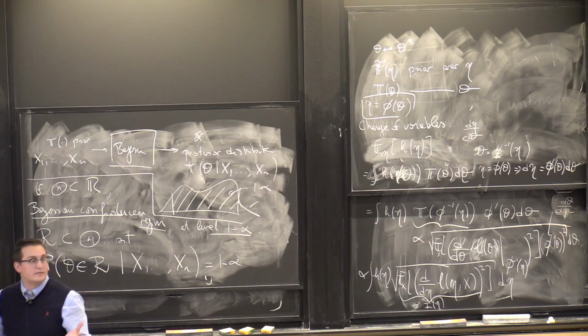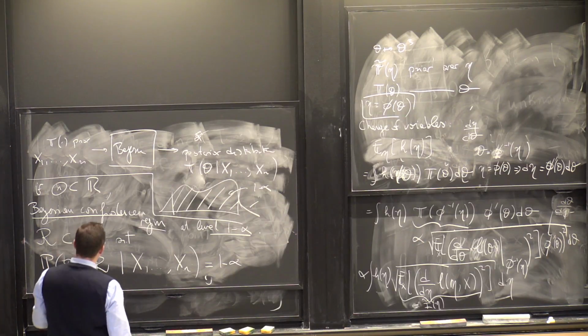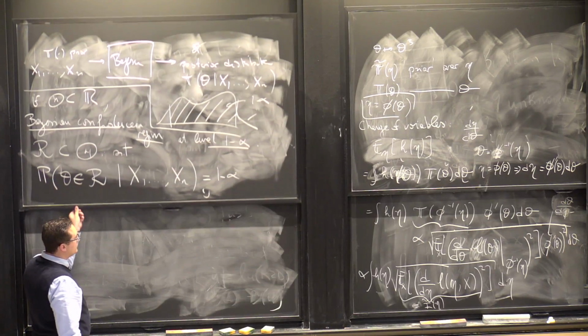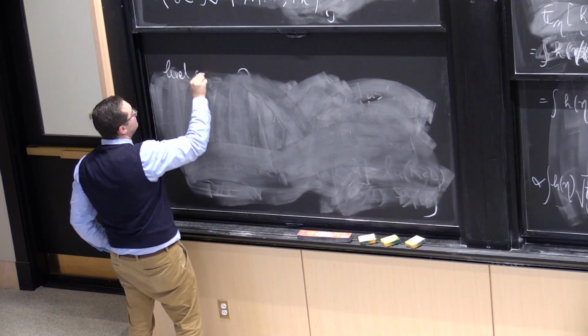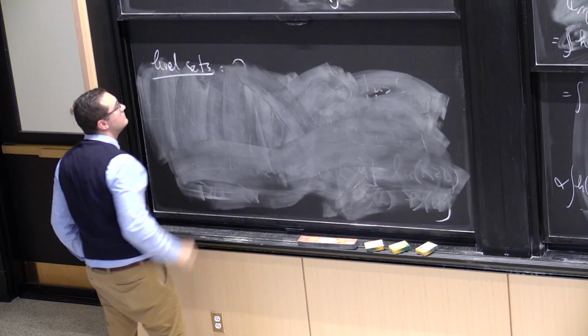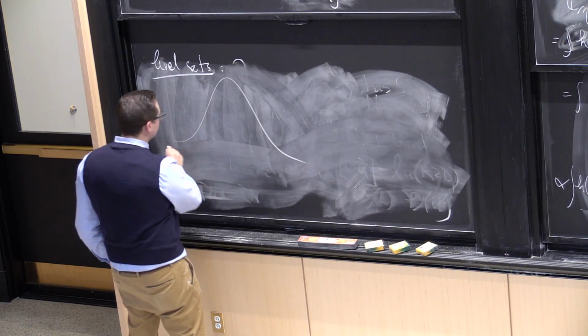And there are many ways to do this, right? One way to do this is to look at level sets. So let's say my posterior looks like this.